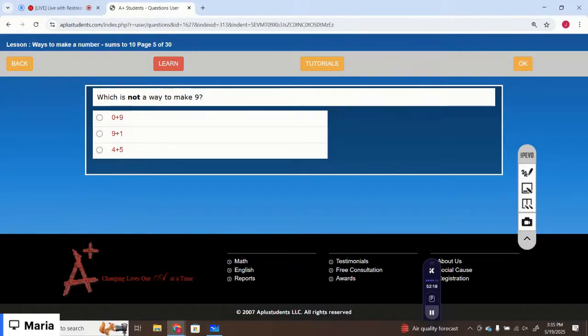Which is not a way to make 10? That is 9 plus 1. Option number 3 is the correct option.